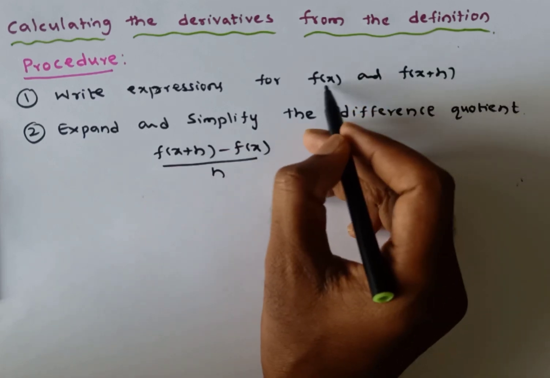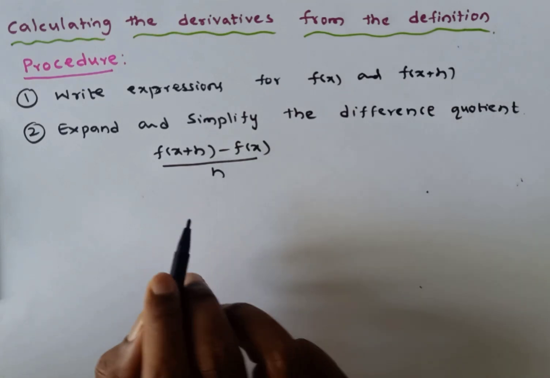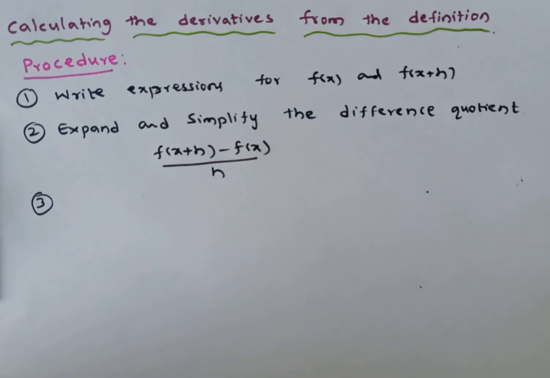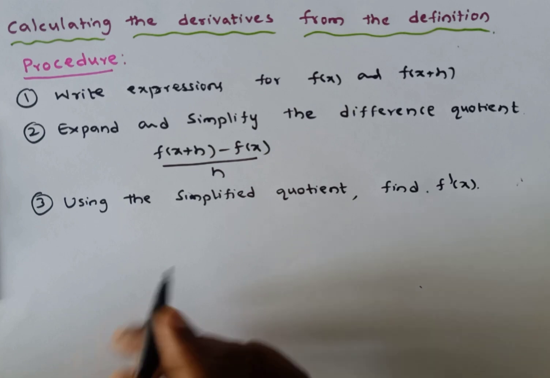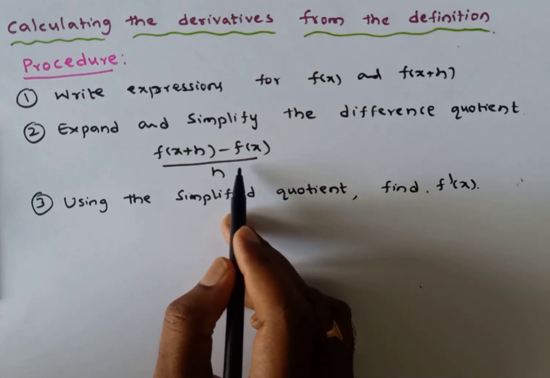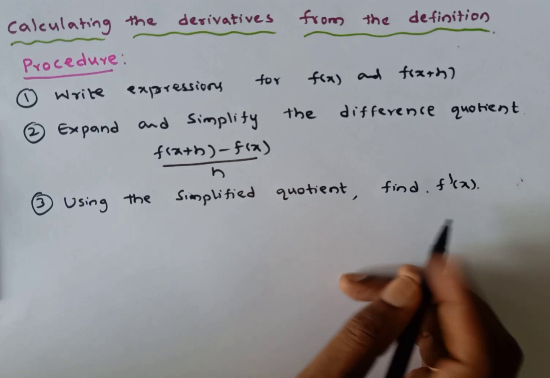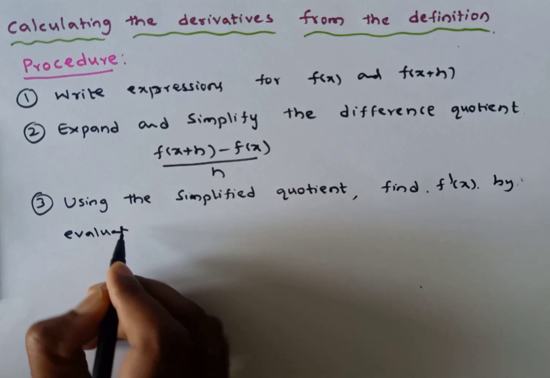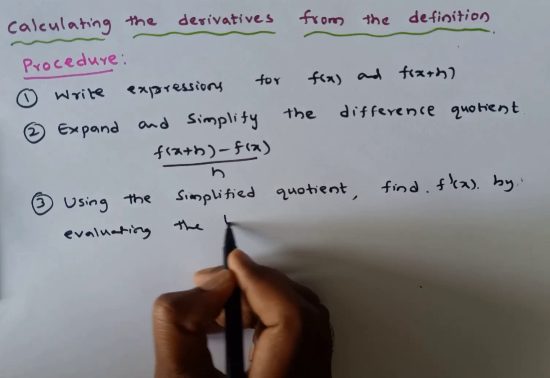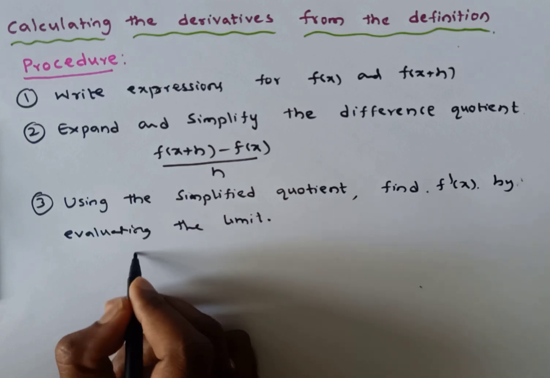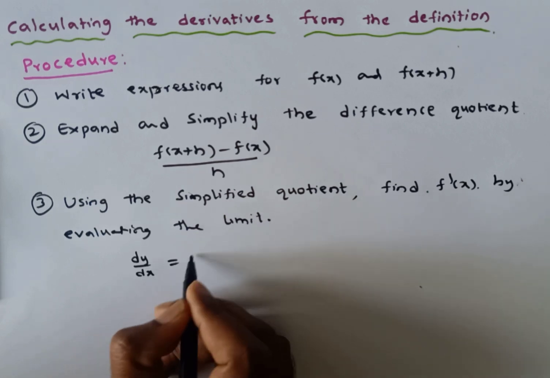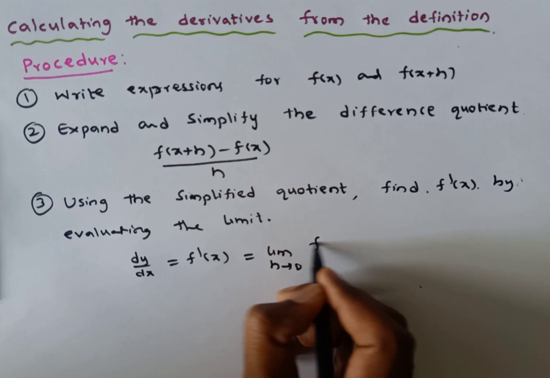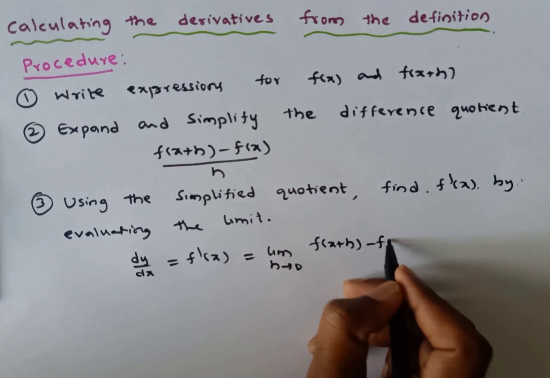So after these two steps, try to simplify f of x plus h minus f of x by h. Next, third: using the simplified quotient, find f dash x by evaluating the limit, that is dy by dx, or we may call this f dash of x, which is equal to limit h tends to 0 of f of x plus h minus f of x by h.